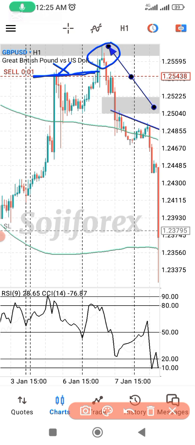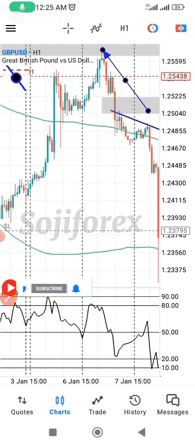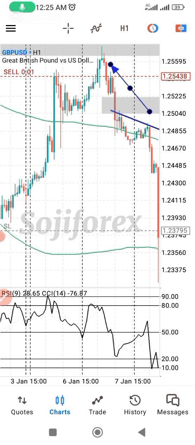So this H1 price tap into it gave me a bearish pin bar. And immediately I spot that bearish pin bar, I realize that this bearish pin bar is a confirmation of a sell signal. So you can see that this particular candle here is a bearish pin bar. So I spot that and I have additional confirmation.